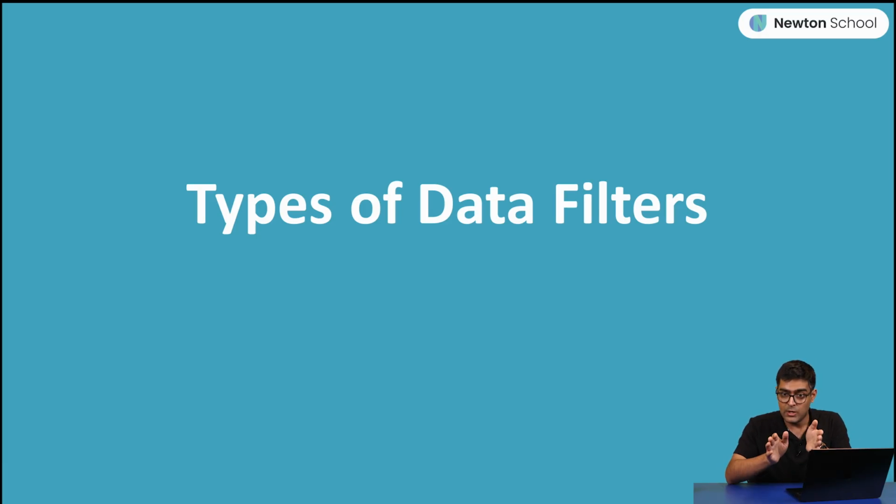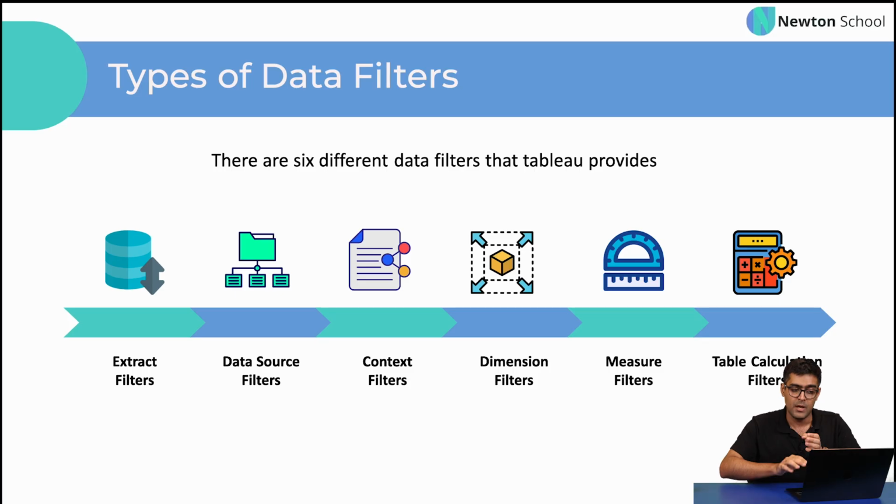Now, once we know data filters, macro view, micro view, what are the types of data filters which help you achieve these views? As I mentioned in the intro, there are 6 types. 3 are performance driven, 3 are interactivity driven. These 6 filters are on your screen right now. You can see extract filters, data source filters, context filters, dimension filters, measure filters, and table calculation filters.